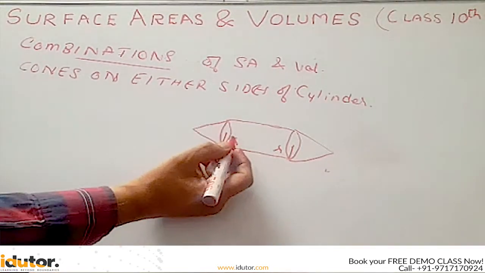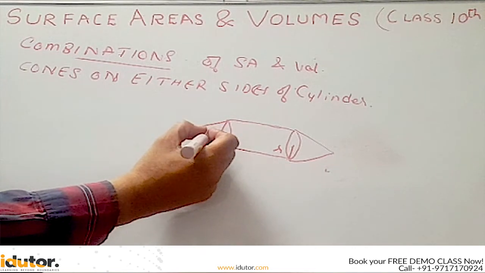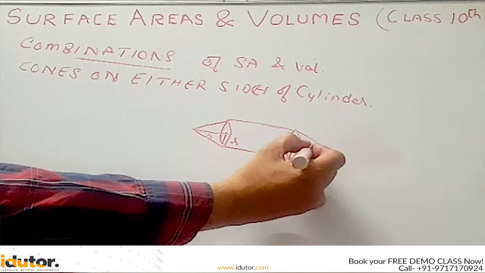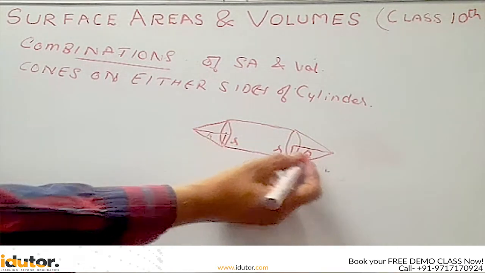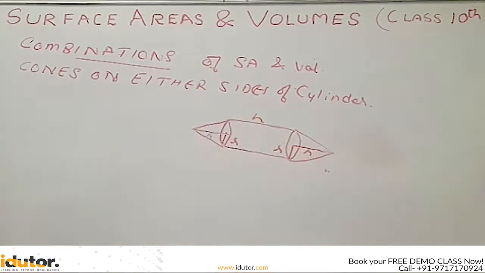And the height will be the height of this cone and the height of this cone. So we can say there are two heights: one is this, and one is the height of the cylinder.